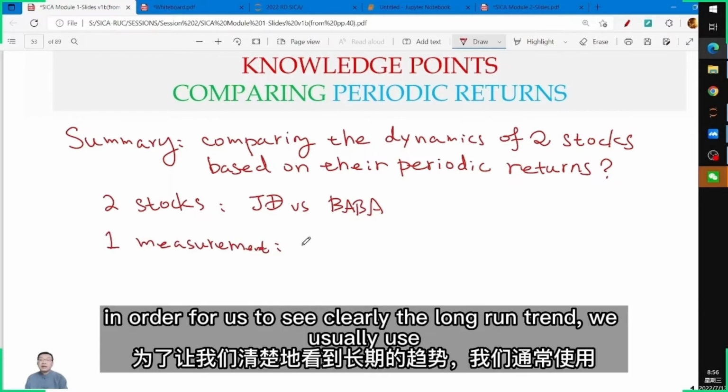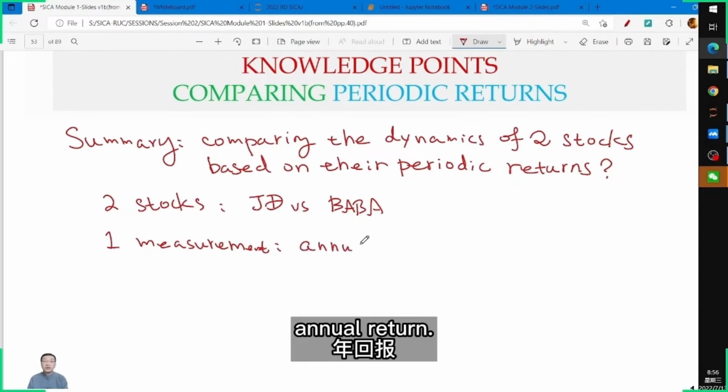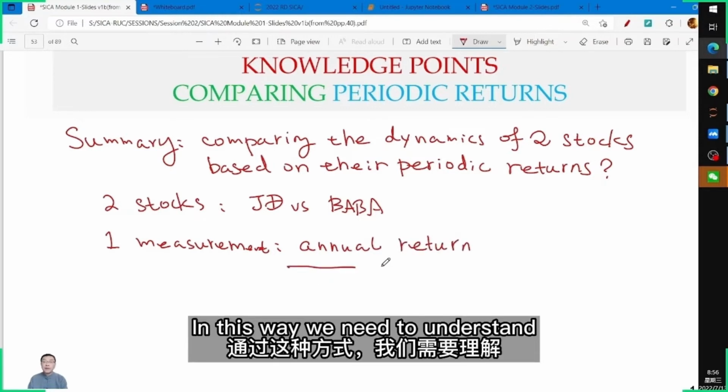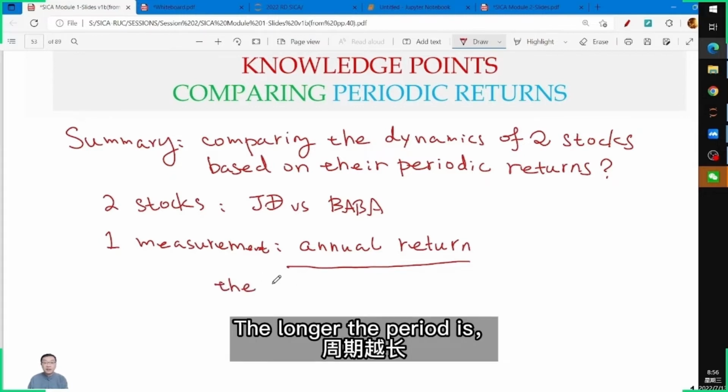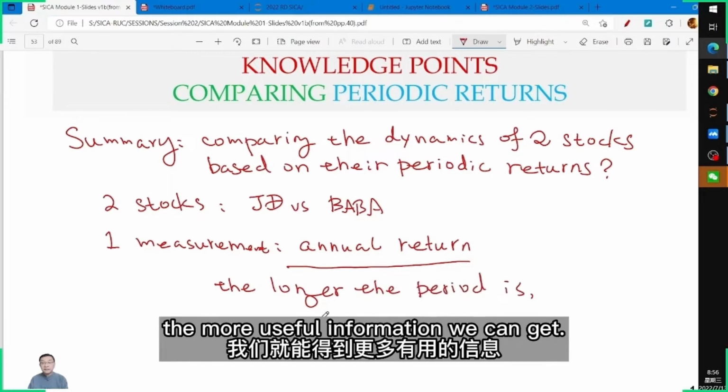Usually, in order for us to see clearly the long-run trend, we usually use annual return. In this way, we need to understand the relationship between the trend and the period we use to calculate return. The longer the period is, the more useful information we can get.